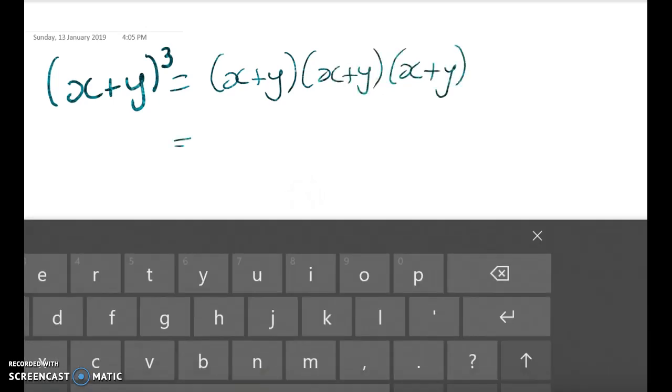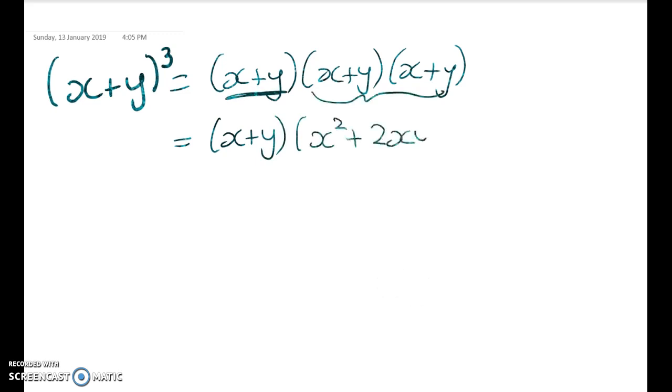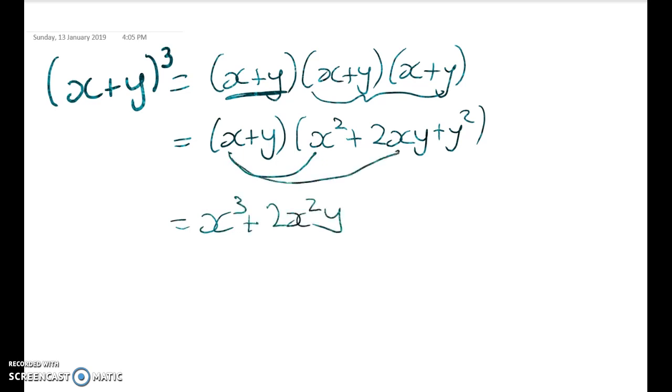Now usually when we first do this, when we're doing slightly harder than Year 9 algebra, we get into a pattern where we take one term and then we expand these back to what we've already done, and we get x² + 2xy + y². Then we go again and keep on expanding. So we're going to get x³ + 2x²y + xy². And now we do the same thing with all of the y terms.